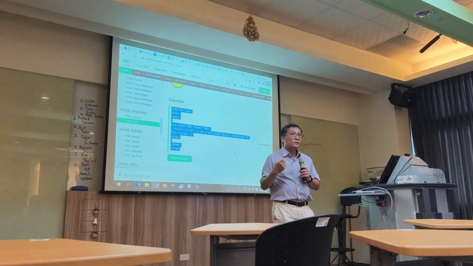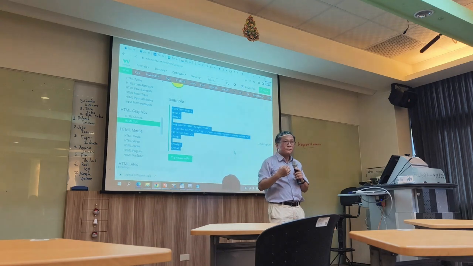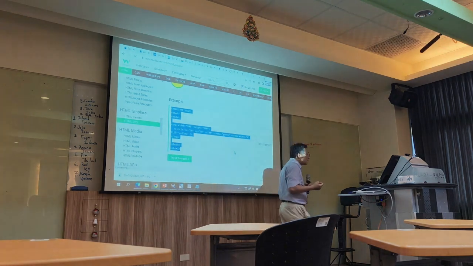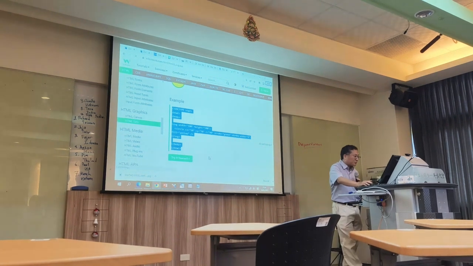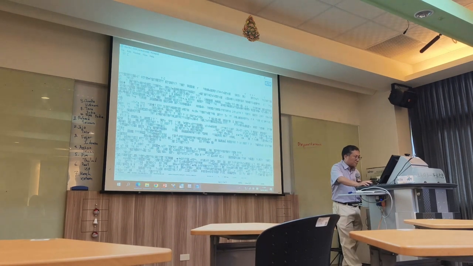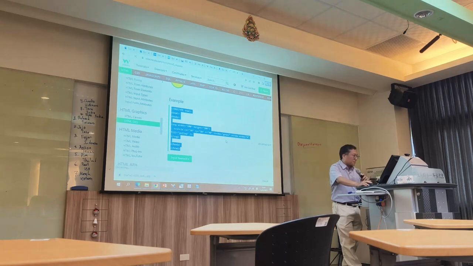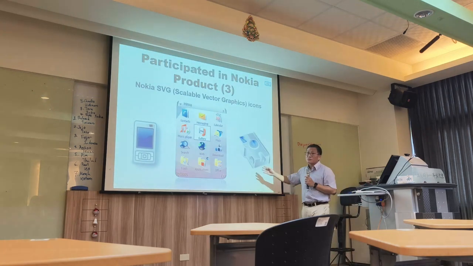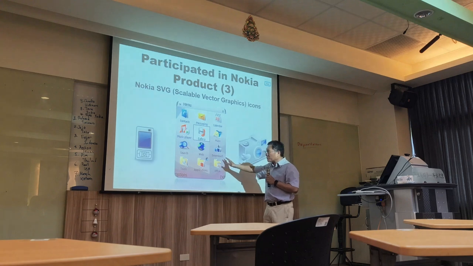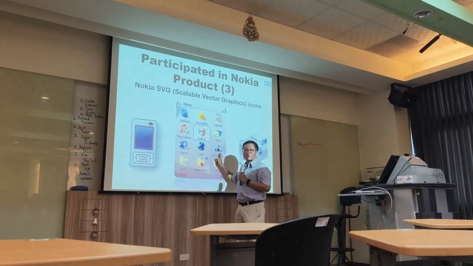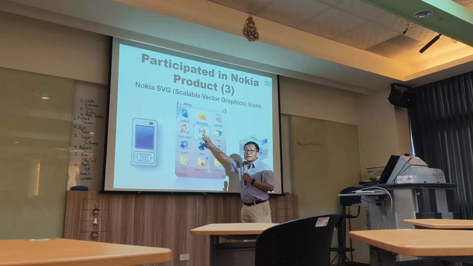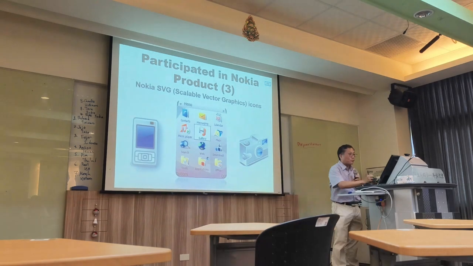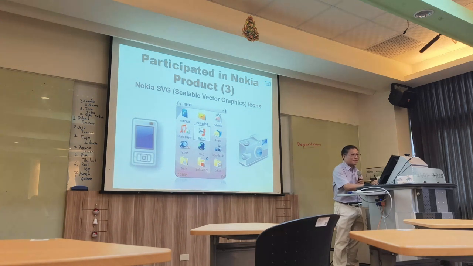So what that means is SVG is kind of different from our traditional picture in that, first of all, it's not binary. This is what we call binary, but this is text. The way that we display those pictures has something to do with the browser. What we see on the screen is actually a browser, just like a web browser.